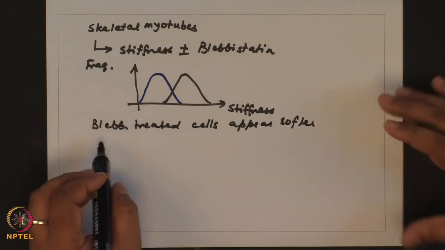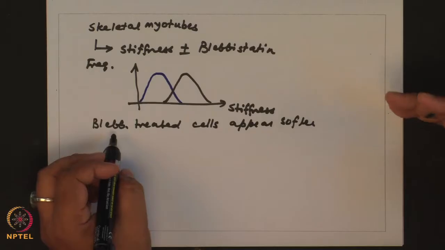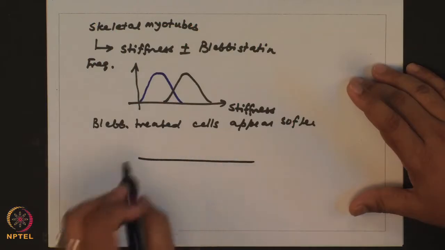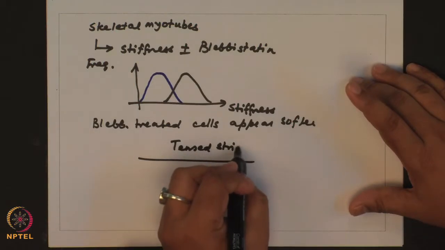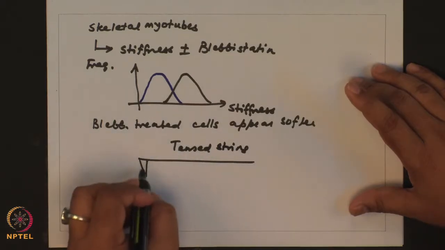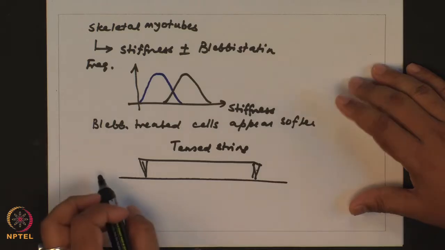But how do we think about it? Why does blebbistatin, which inhibits myosin 2 activity, lead to a softer cortex? The reason is as follows. Think of the cell as a tense string, which is anchored at two points on a substrate.